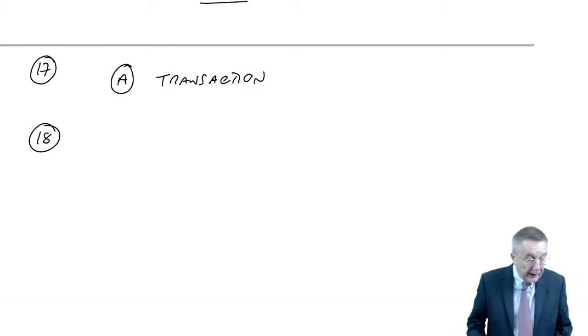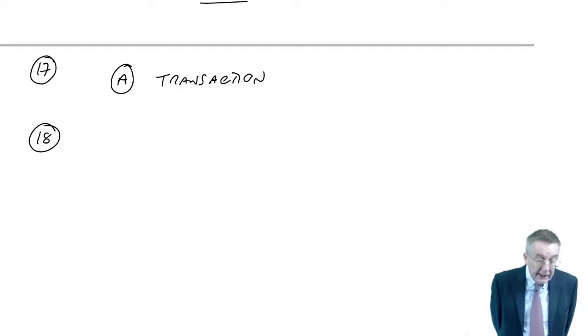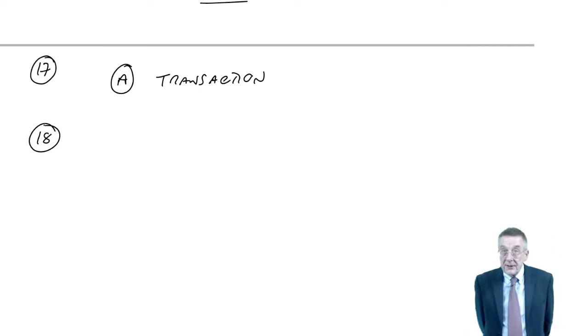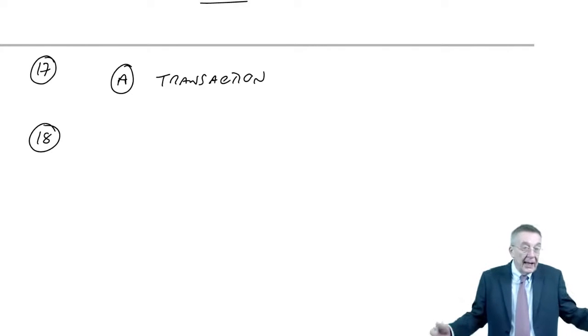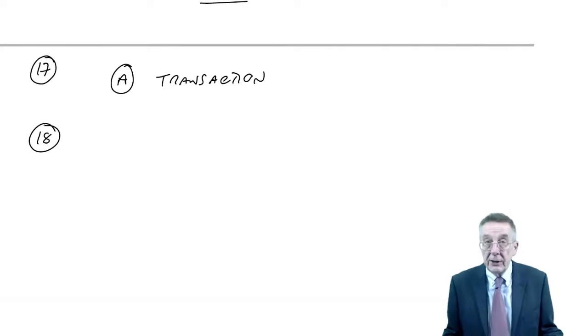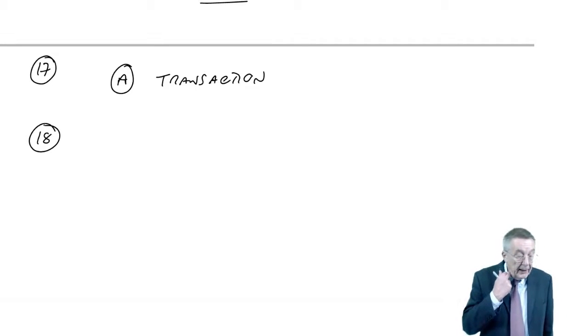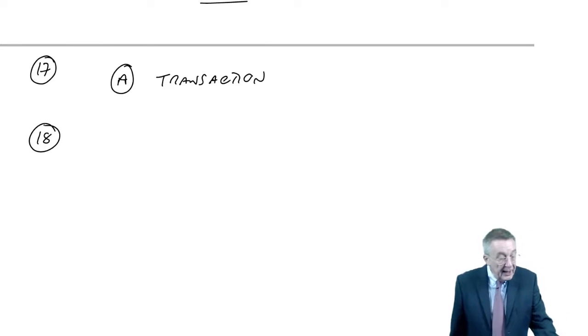18, another quick one, in the sense that it's short. Which of the following hedging methods will not be suitable for hedging the euro receipt? Well, again, you should have gone through the lectures on foreign exchange risk management. We're receiving these euros. There are various methods available for hedging.